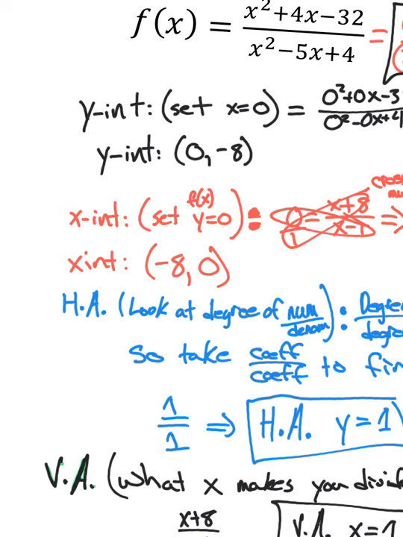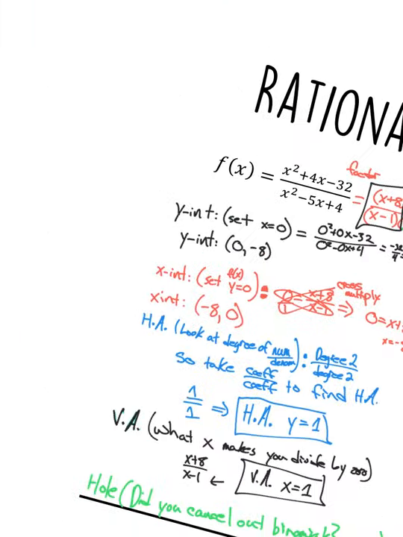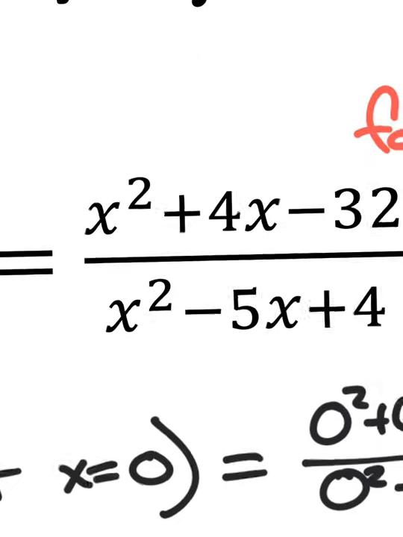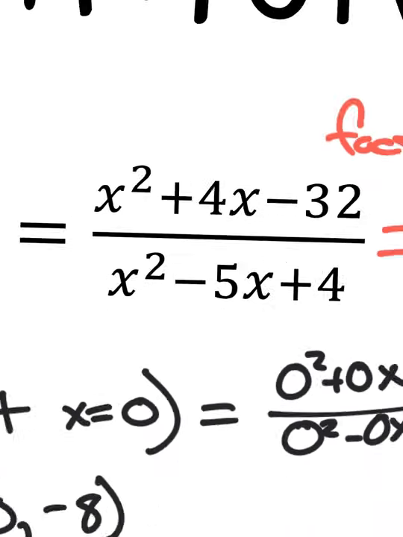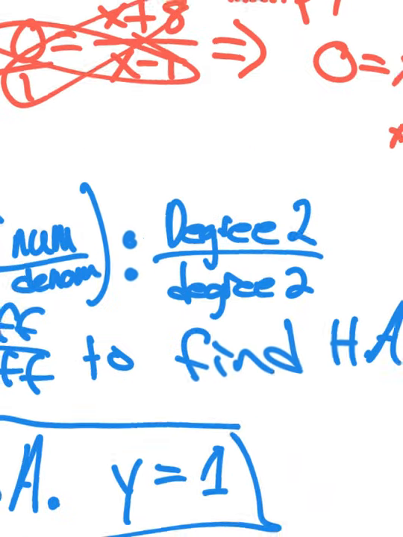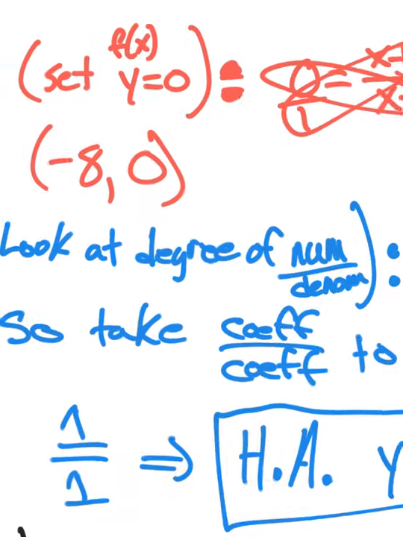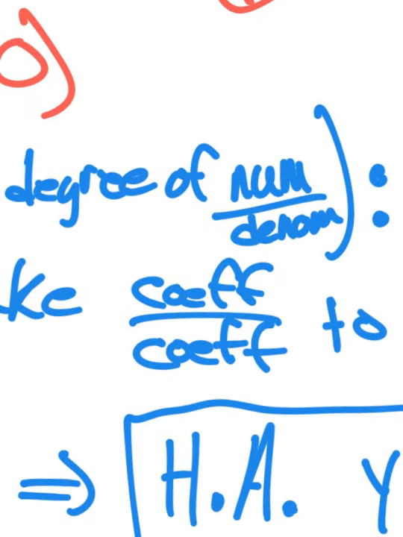My horizontal asymptote, I am going to look for the degree of the numerator and the denominator. Okay, the degree of the numerator over the denominator. If I'm looking at my original function, the degree on the top is 2. The degree on the bottom is also 2. So if they are both the same on the top and the bottom, what we're going to do is take the coefficients and divide them.